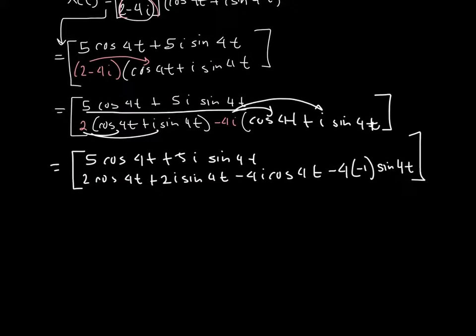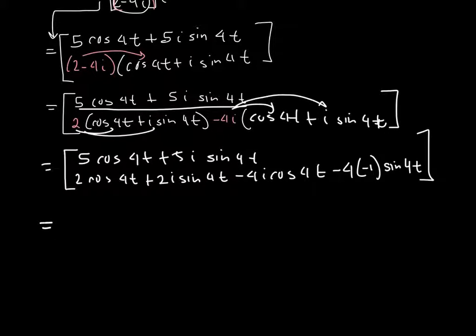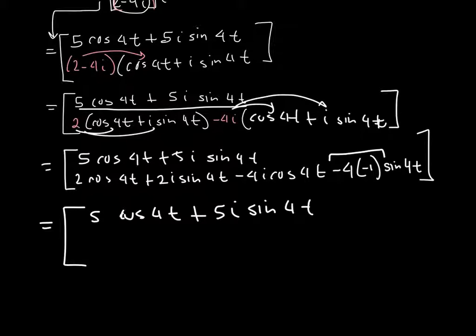Let's continue. Again, same thing: 5 cosine 4t plus 5i sine 4t. We know this term is plus 4 sine 4t, that's pretty easy. But I want to arrange this with my imaginary parts and my real parts, because we're working with complex numbers, and obviously you have a real and an imaginary part. Everything without an i is the real part.